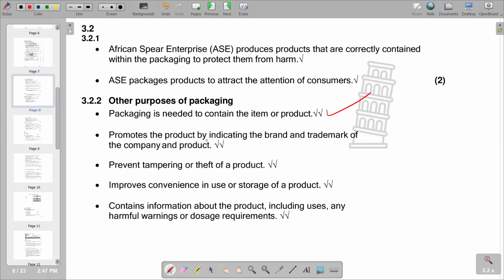Promote the product by indicating the brand and trademark of the company and the product. And prevent tampering or theft of a product. It improves convenience in use or storage of a product, and also contains information about the product, including uses, any harmful warnings or dosage requirements. So those are the purposes that we have.